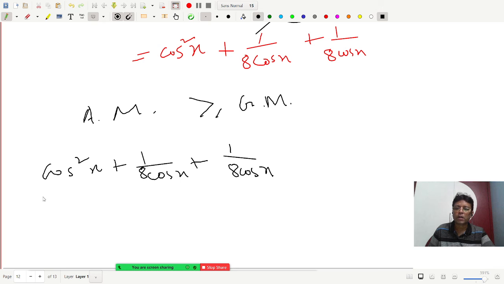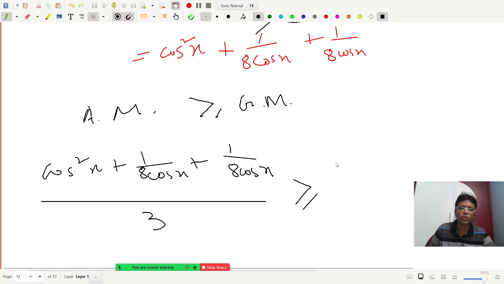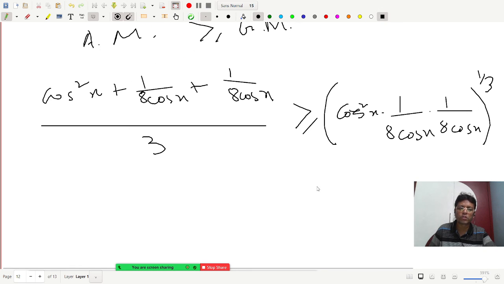Three numbers, so the AM is divided by 3, and it is greater than or equal to the cube root of cos²x times 1 by 8 cos x times 1 by 8 cos x, whole to the power 1/3. That gives 1 by 64 to the power 1/3, and that is equal to 1/4.